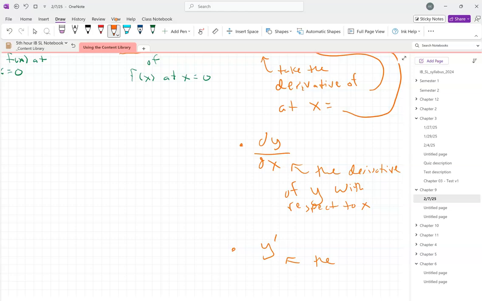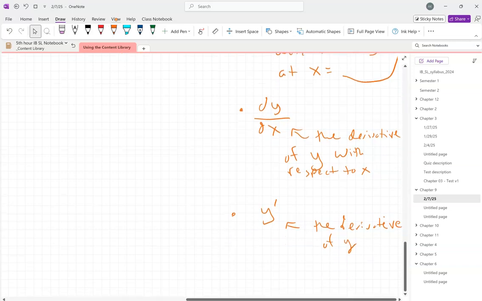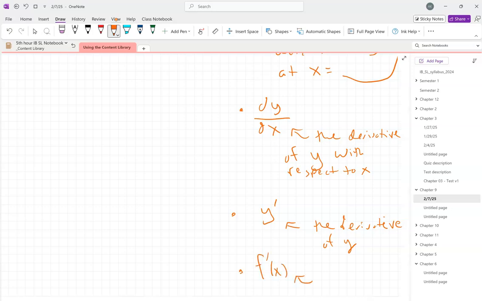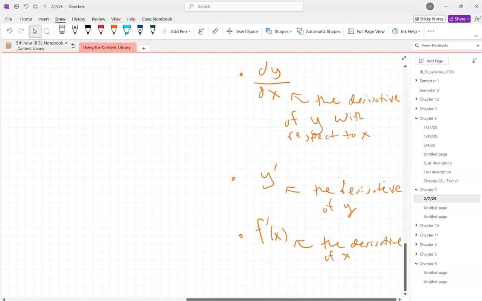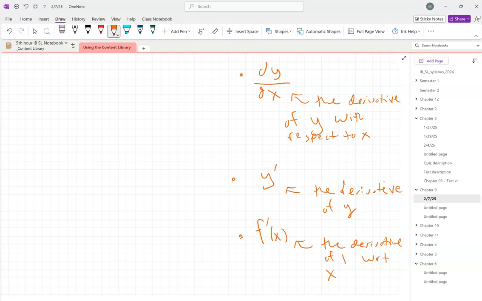This is the derivative of y. You could write f prime of x. This is the derivative of f with respect to x.